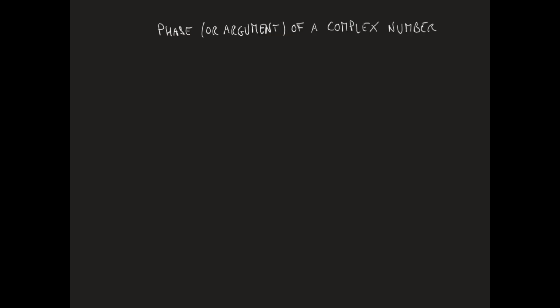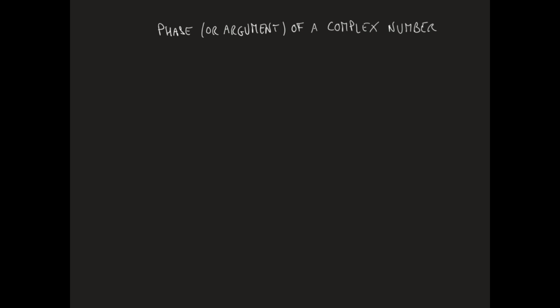We already know the phase of a complex number as a geometrical feature of the complex number itself in a complex plane. The phase, also called the argument of a complex number, can also be seen as a function of a complex number, producing as a result the angle or phase of the number itself.